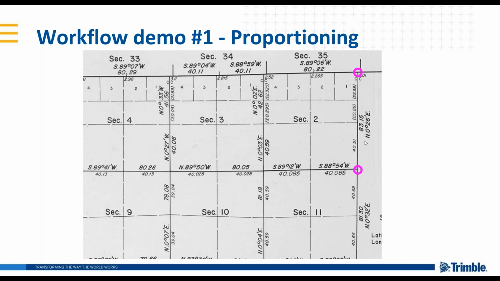Any difference in that distance has to be distributed in proportion to the record distances of the section lines on the plan. So here it's 40.5 and 20 plus 22, so about 42.5. It's a little bit longer on the northern portion than the southern portion, so the error has to be in proportion to that. So it's the center quarter section pin that we're looking for.